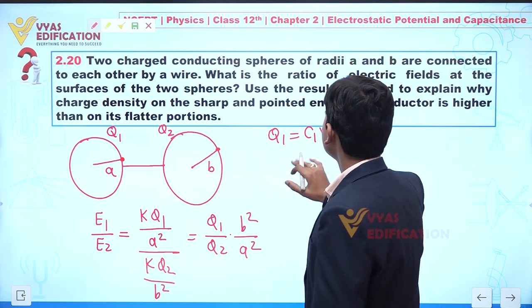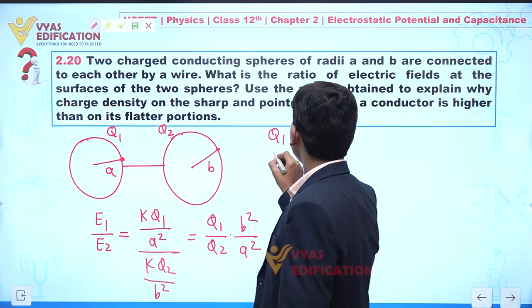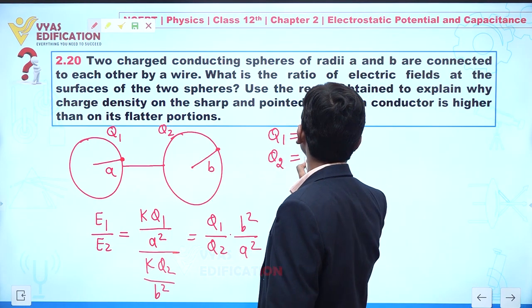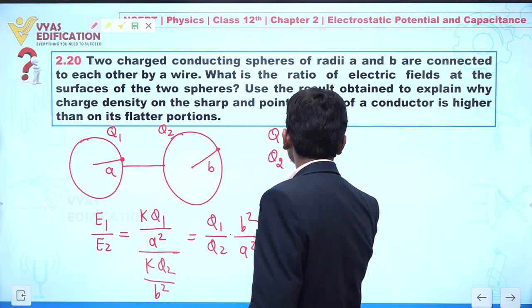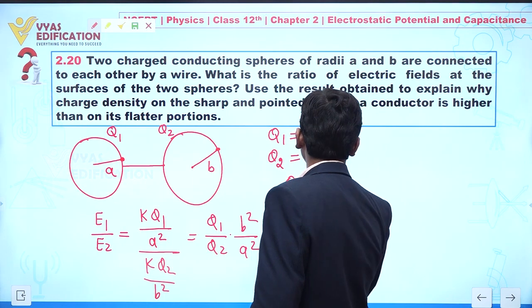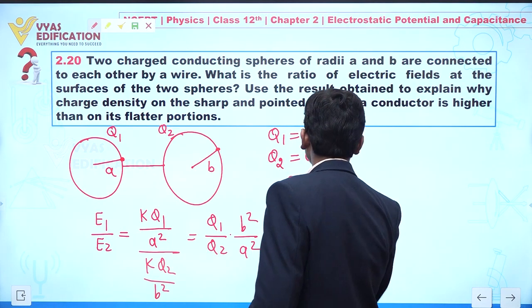So we can say Q1 equals C1 multiplied by V. We can also write Q2 equals C2 multiplied by V. So from here Q1 divided by Q2 equals C1 by C2.